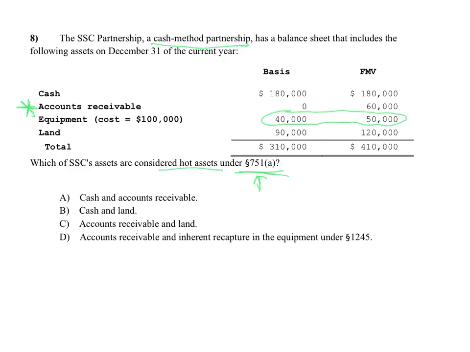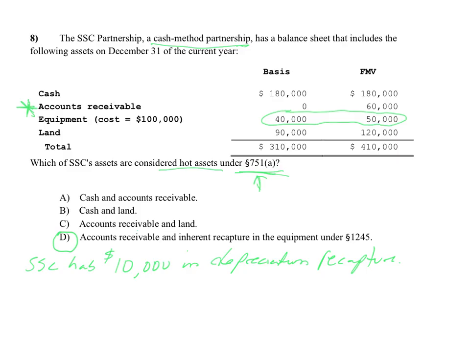So that means that we have $10,000 in depreciation recapture. Okay? So where do the hot assets come from? Their hot assets come from accounts receivable and this depreciation recapture in the equipment.